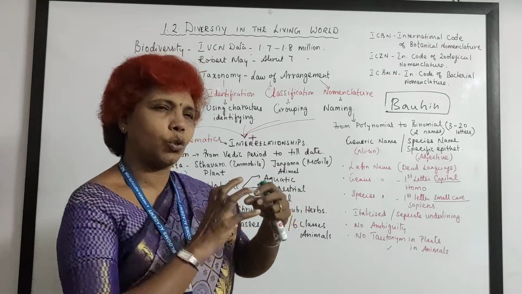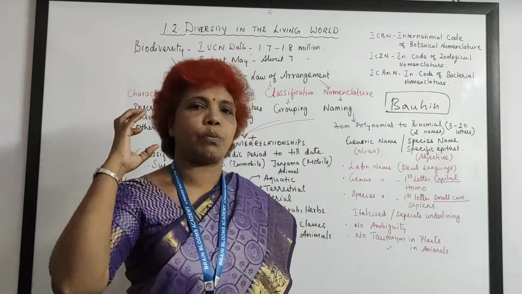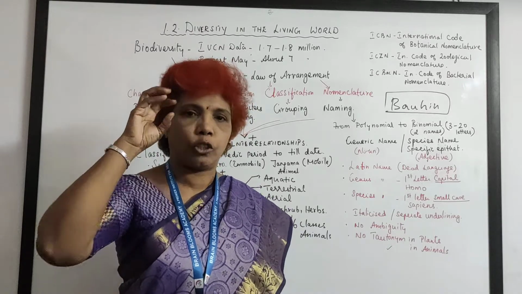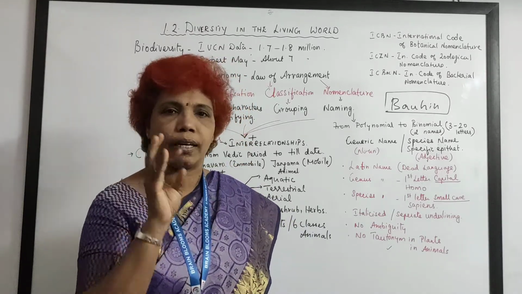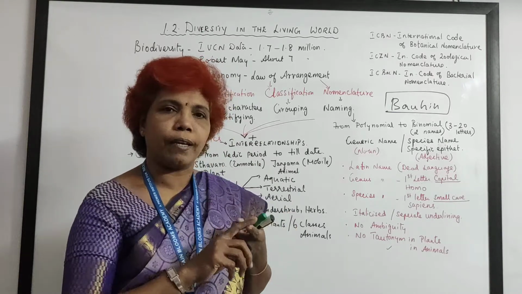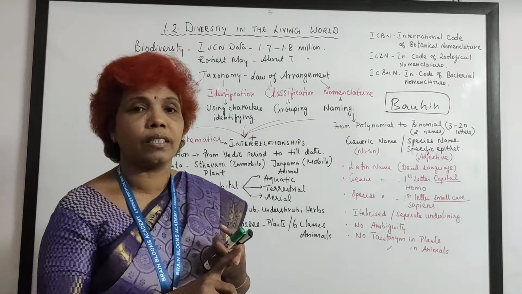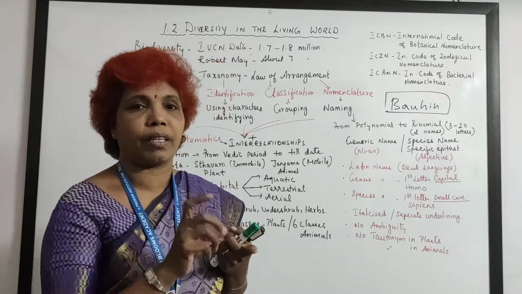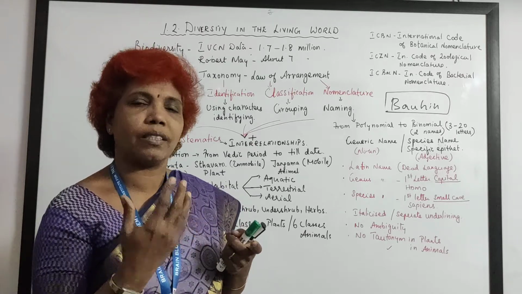It is good, because too much means you cannot remember, and for that there are some specific rules which should be followed compulsorily. Scientific name or binomial name should be in Latin, because Latin was the language they were using to give the name. The reason: Latin is a dead language, so there won't be further changes.